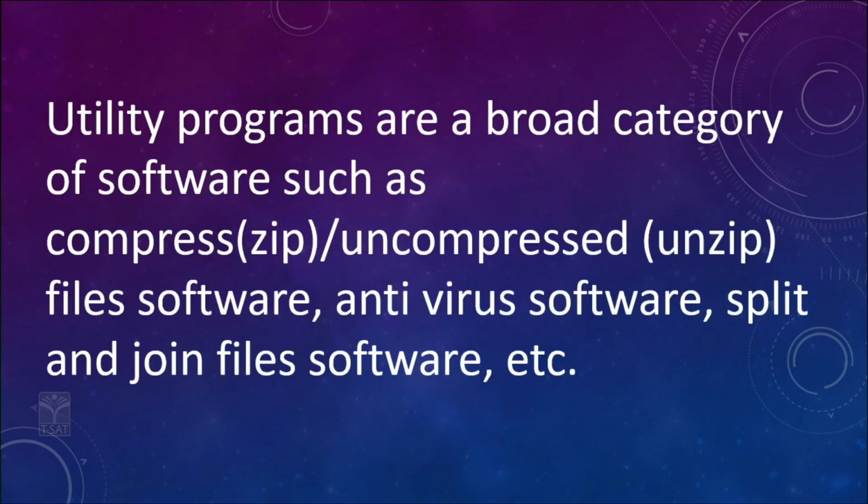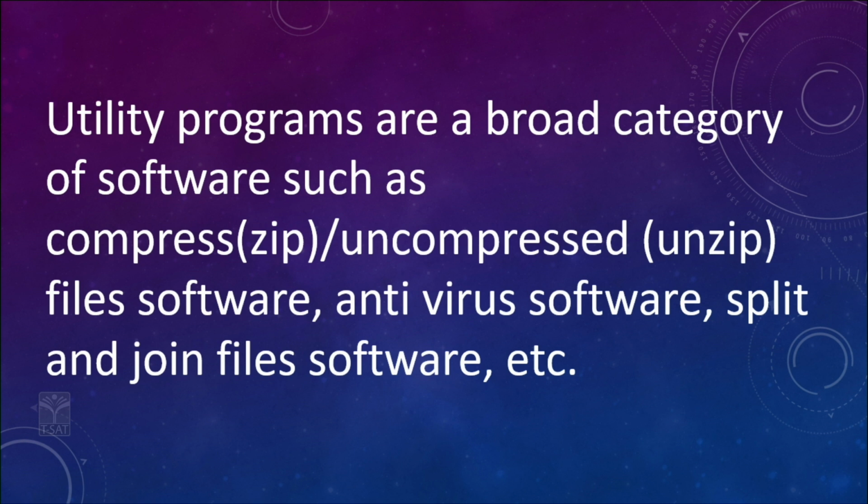Okay. Now, come to the next one, utility. What is a utility program? Utility programs are a broad category of software such as compress and uncompress. When you see the computer, you have zip files. These zip files are simply called utility programs.